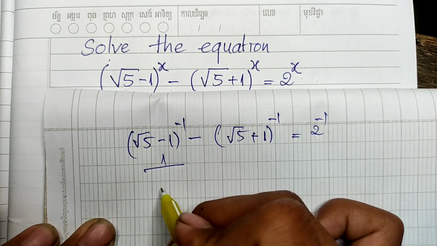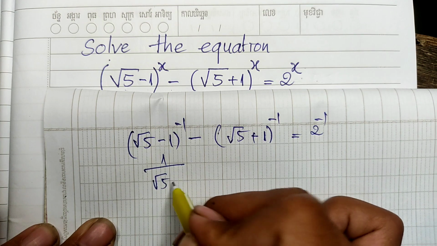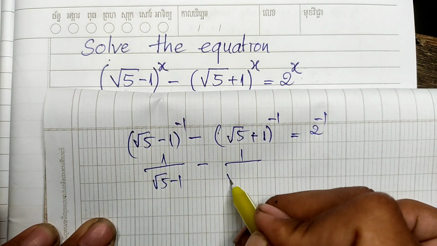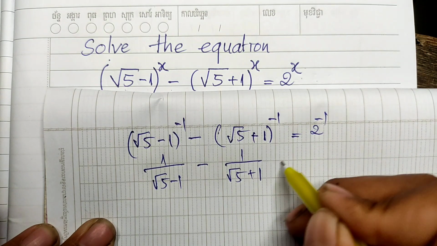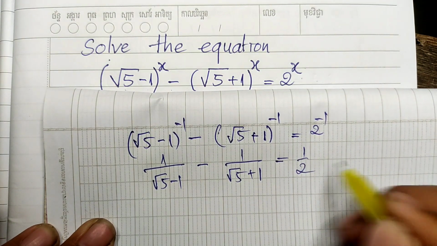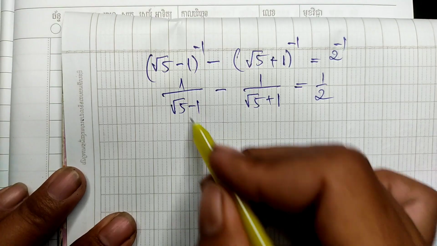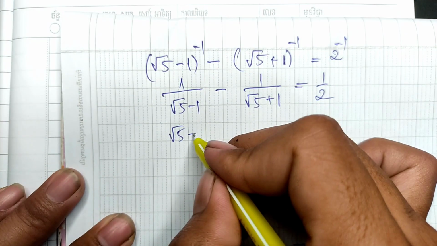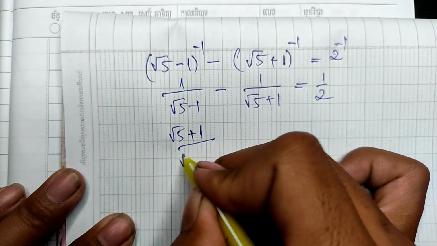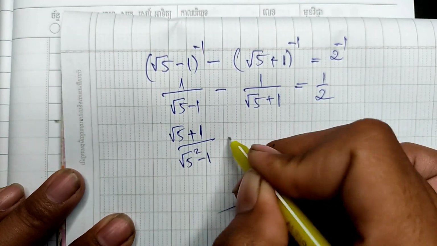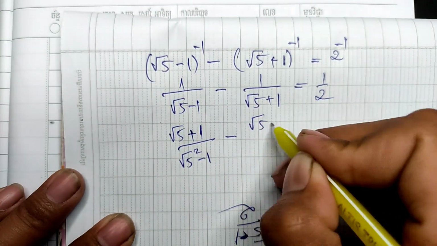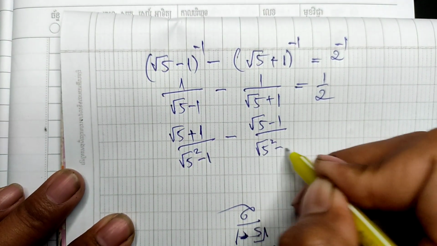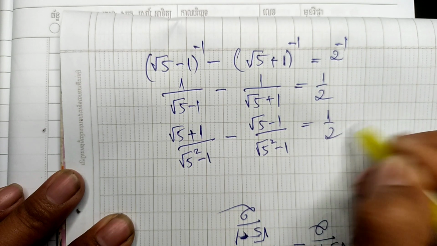Then we can write 1/(√5 − 1) − 1/(√5 + 1) equal to 1/2. And this gives (√5 + 1)/(√5² − 1) − (√5 − 1)/(√5² − 1) equal to 1/2.